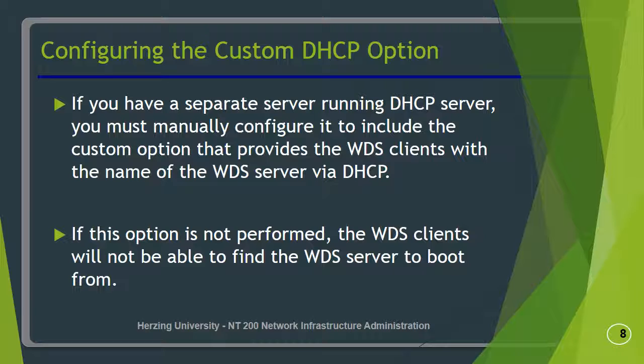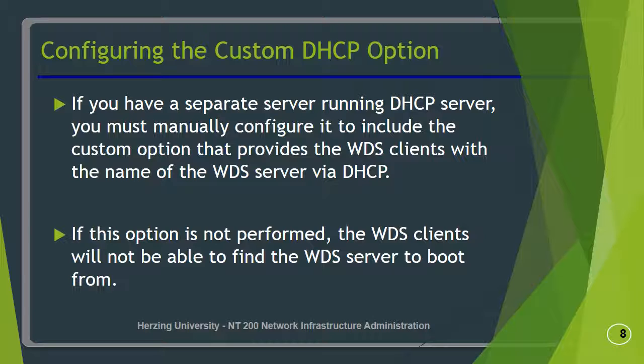Another thing we must take into consideration is configuring the custom DHCP option. If you have a separate server running DHCP server, you must manually configure it to include the custom option that provides the WDS clients with the name of the WDS server via DHCP.